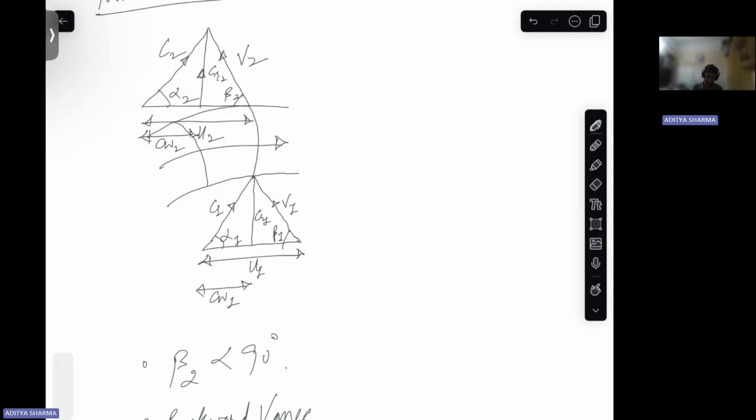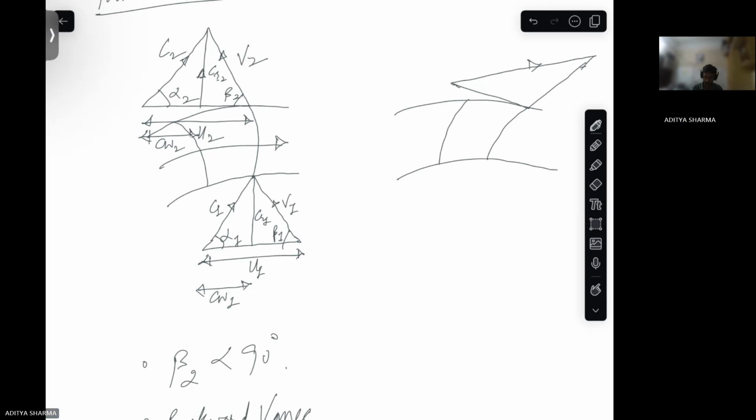Now, second arrangement is this one. Here the vanes are this way. If you see this, U is this, relative velocity is this, and absolute velocity is this. Okay. This is your V2, this is your C2, and this is your U2.